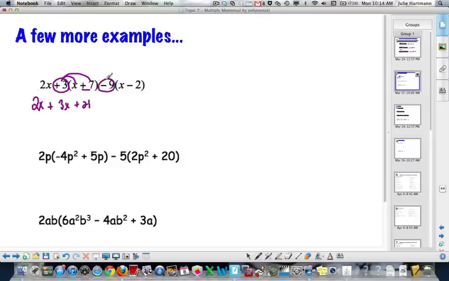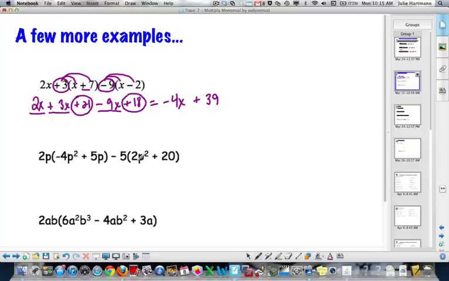Now we're distributing a negative 9. So negative 9 times x is negative 9x. Negative 9 times negative 2 is plus 18. So we have 2x plus 3x is 5x, minus 9x is negative 4x, and then 21 plus 18 is 39.